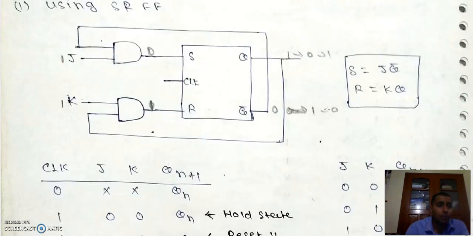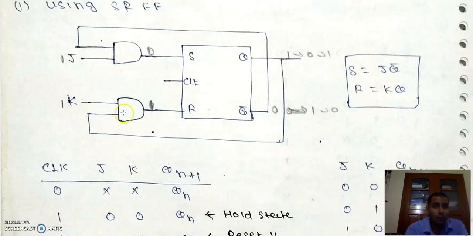Now when we apply J equal to 1, K equal to 1, in the AND gates, if J is 1 and K is 1, we must know the other input. So we have taken Q bar as 0 and Q as 1. This 1 will go to this AND gate.